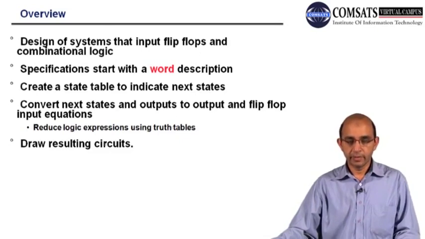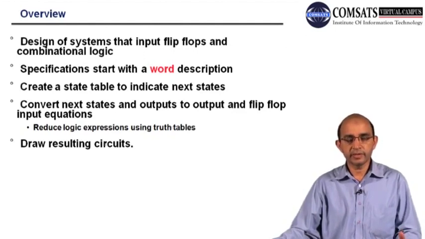From the specification, we mean what the inputs are, what the outputs are, and what states the system has to go through. After all sorts of specifications, we will move towards the state table, and the state table includes the current state, the input, the next state and the output.